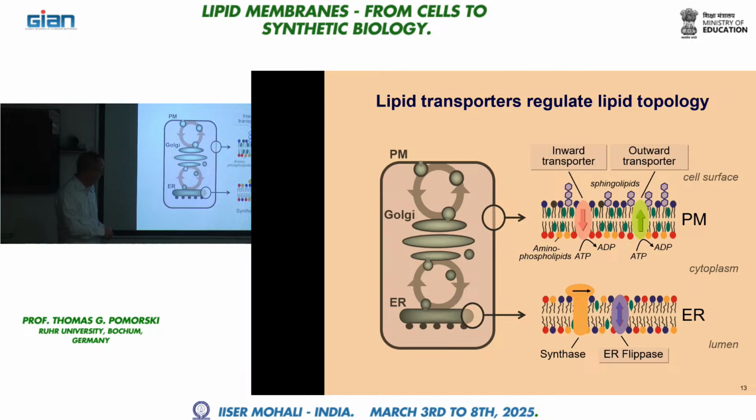So these flippases, or scramblases, should either not be in the plasma membrane or they should be inactive in the plasma membrane, right? And if this is the case, then those transporters would start to sort. They would say, you are a lipid that needs to be there. You are a lipid, you need to be there. You are a lipid, you need to be there. So now I place you on two different sides of the membrane and I get an asymmetric membrane. And this is what cells do.